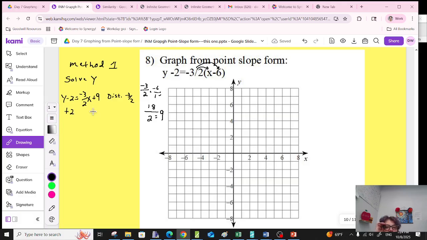Add 2, add 2. Y equals -3/2x plus 11. I have a problem. I can't graph it this way because I only go up to 8. So I'm not going to look at method 2.